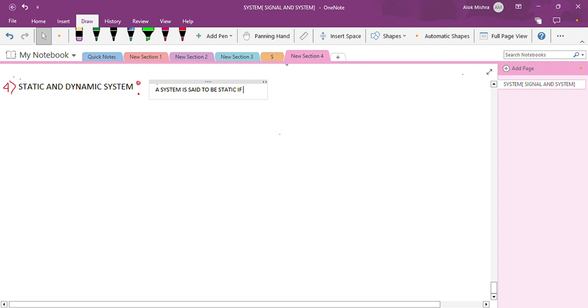A system is said to be static if the output at any time instant depends on the input at that instant only.